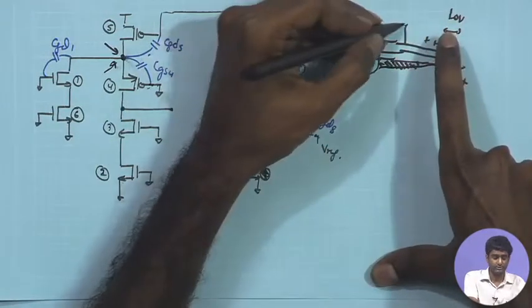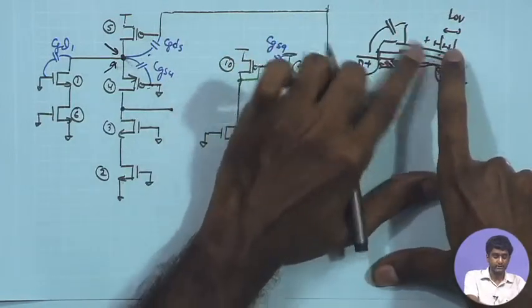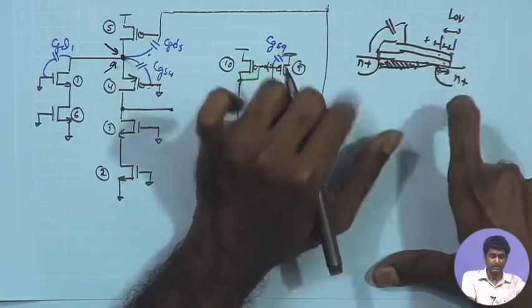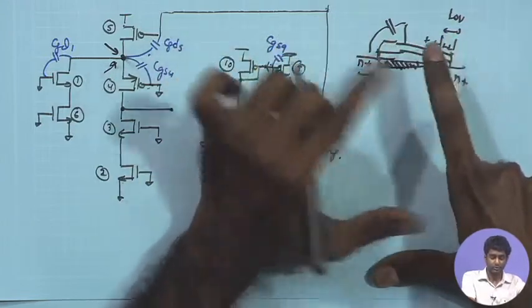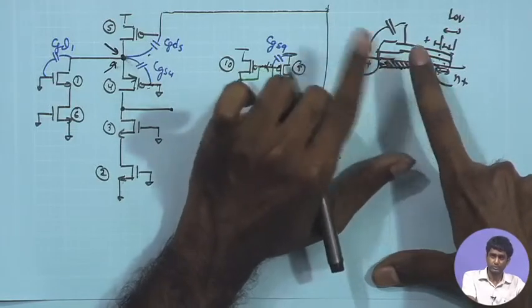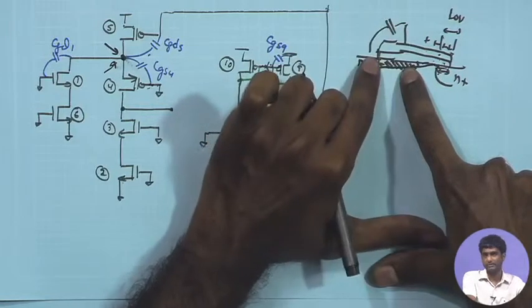So, in the saturation region, the CGS is accounted for mostly by the gate oxide capacitance COX times W times L. So, that becomes proportional to the gate capacitance. On the source side also you have overlap. So, the C overlap part is also there on the source side, but in general the oxide capacitance is significantly larger.